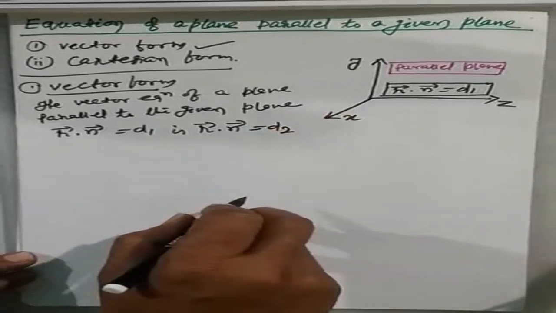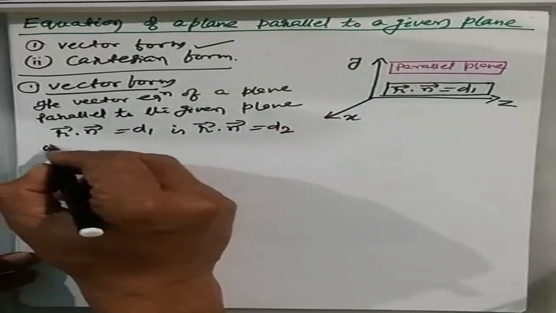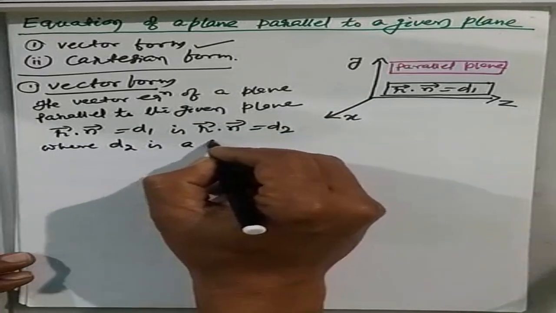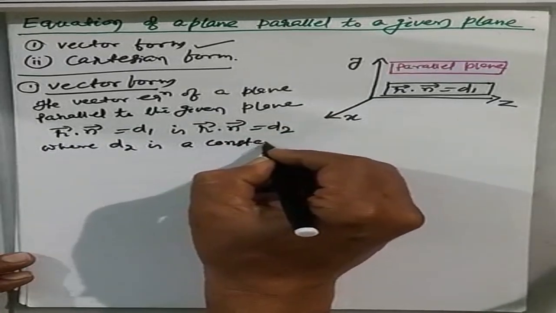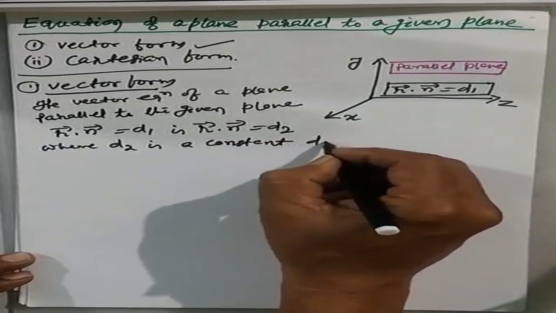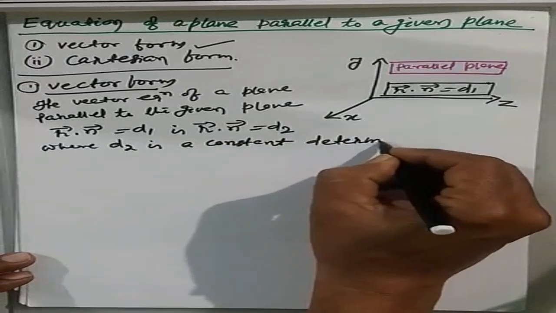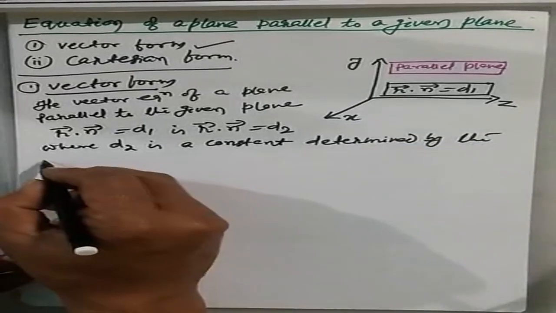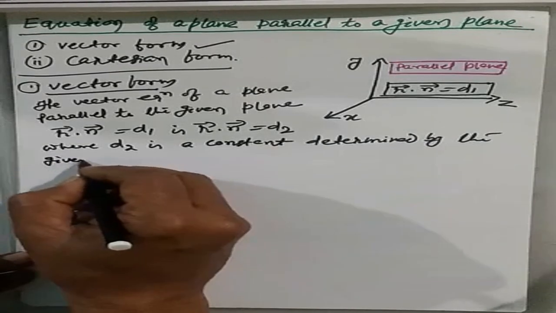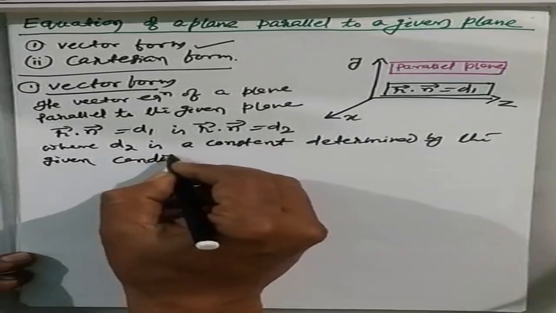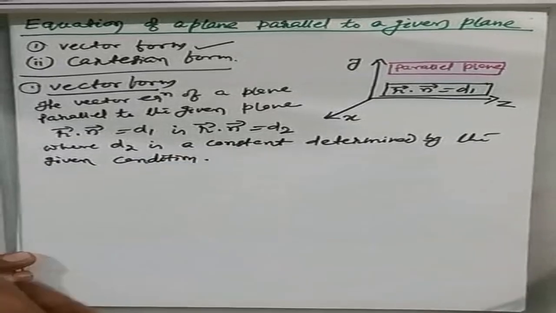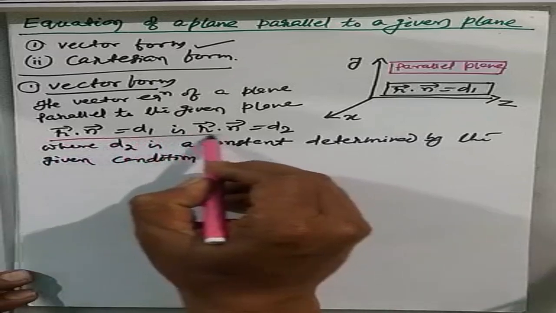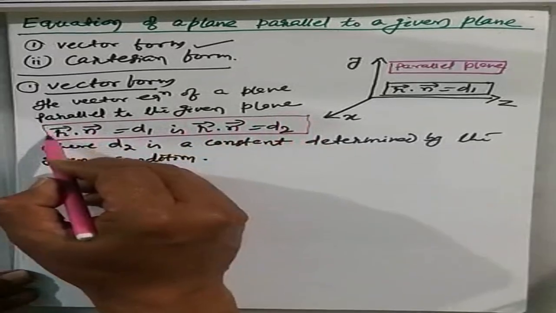So these two are parallel planes, where d2 is a constant determined by the given condition. So we got this part. This is one plane parallel to the other plane. We got the equation and we have to solve accordingly.